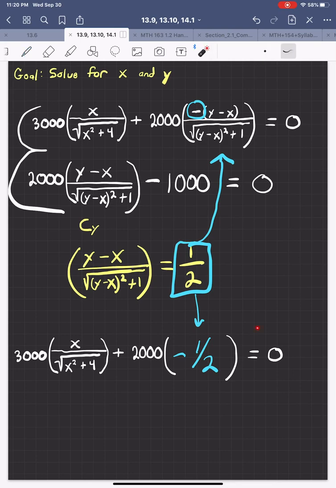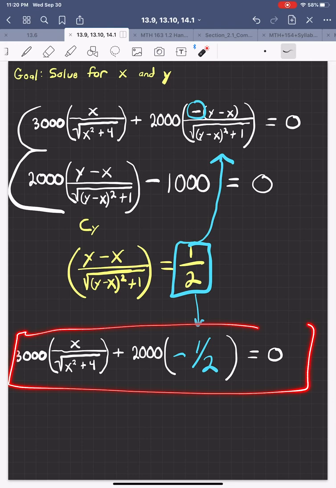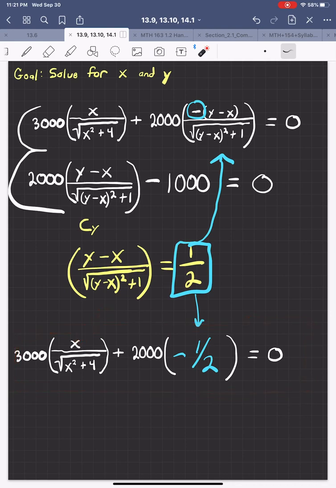So now we have one equation in one variable. You can solve an equation of one variable, right? And in a second, I'll be able to make a statement that x equals. Well, to do that, half of 2,000 is 1,000, but that's negative 1,000.